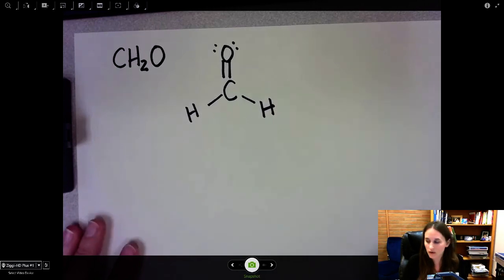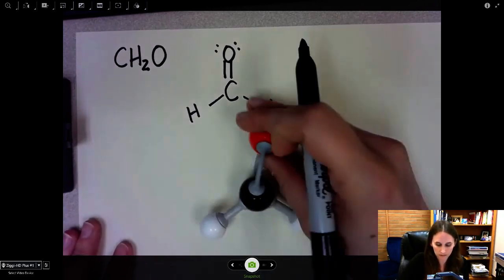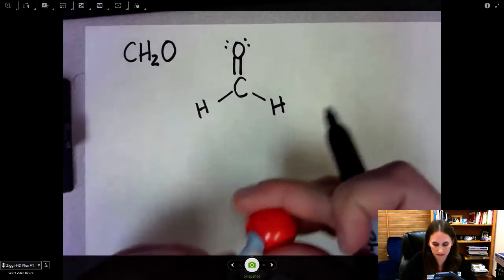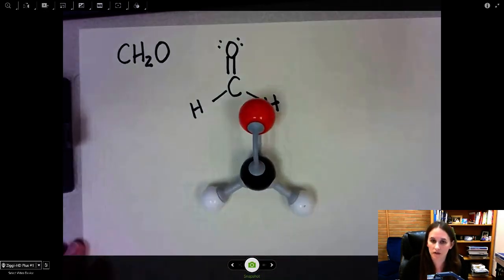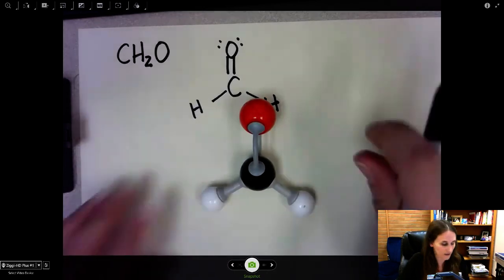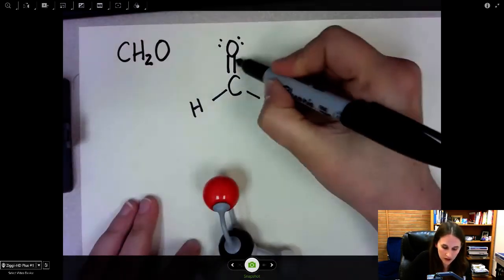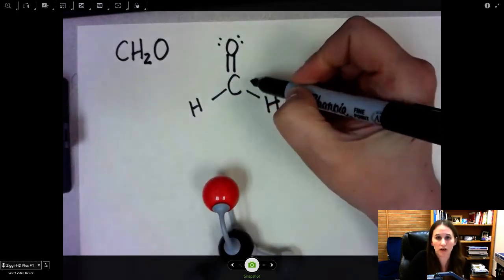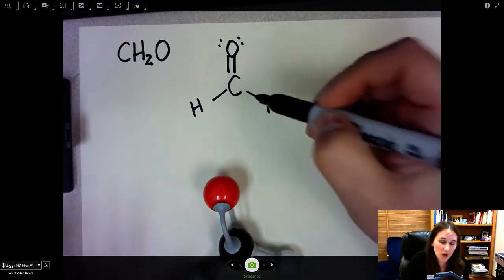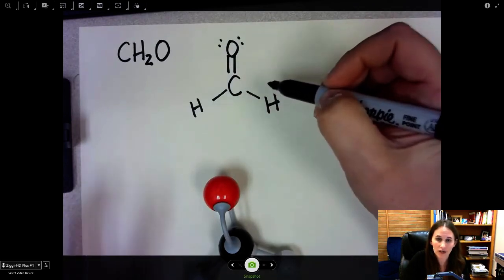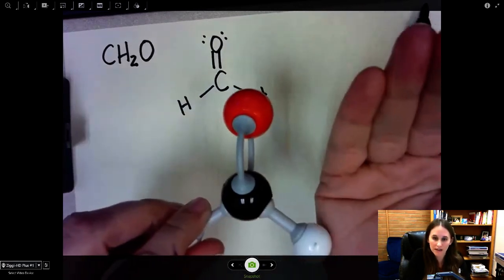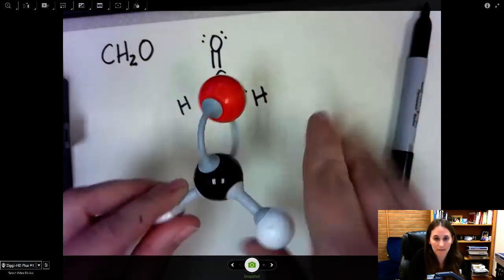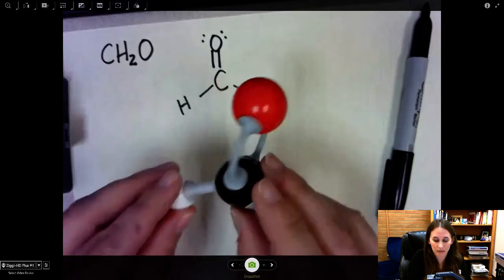So when I go to build this, you're going to notice, here's my little model, it has three things off the central atom as well. And these pairs, these shared electrons, they're pushing on each other as well. But there's no lone pair here to push this either up into space or down and away from it, making a very flat or planar molecule.